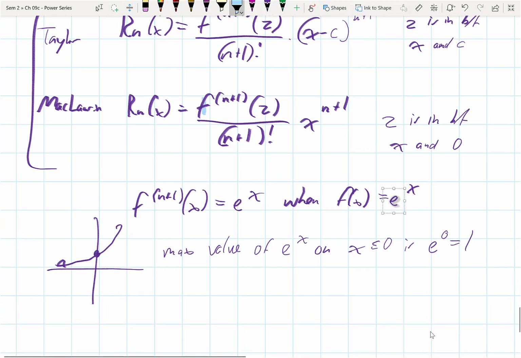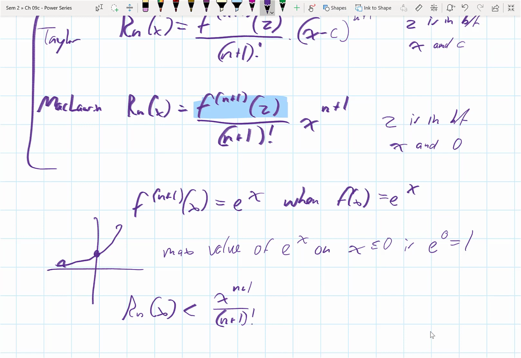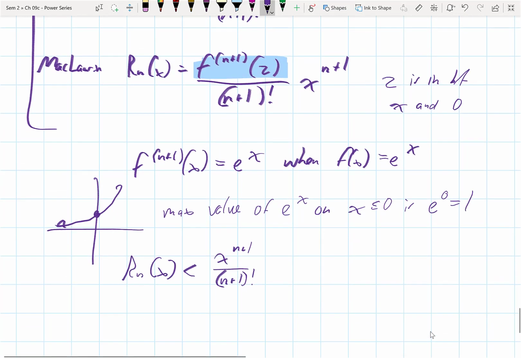So that means I can create a bound on this, and I can say that R sub n of x is less than 1 times x to the n plus 1 over n plus 1 factorial. So that's the key here of how we're going to do this. Now I'm just going to look at the third degree one.